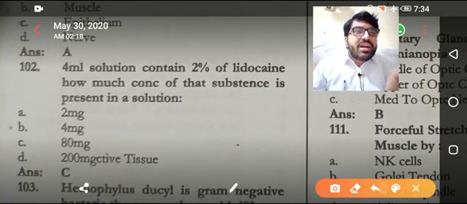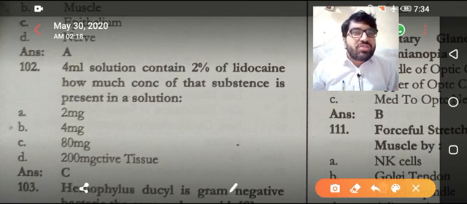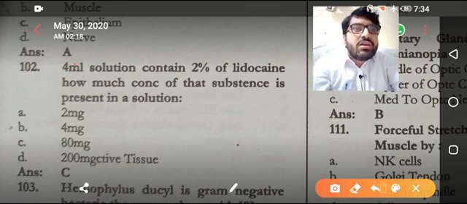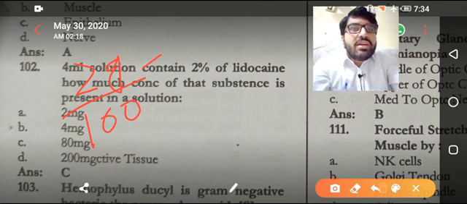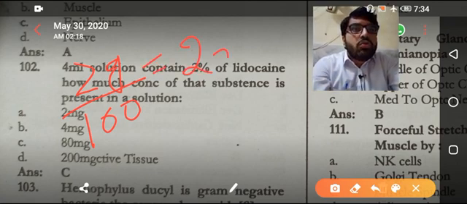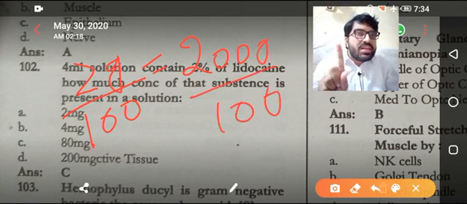Now this is very important. 4 ml solution contains 2% lidocaine. How much concentration of substance is present in the solution? Now 2% means what? 2% means 2 gram per 100 ml, or we can write 2 gram as 2000 milligram divided by 100, because 1 gram is equal to 1000 milligram, so 2 gram will be equal to 2000 milligram.